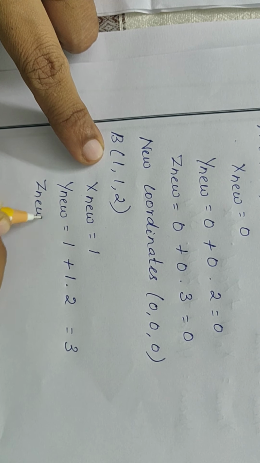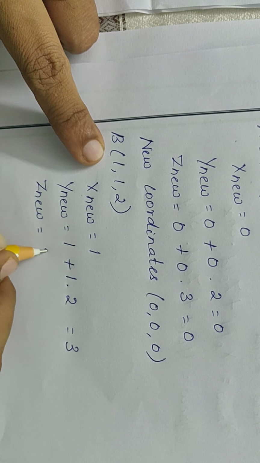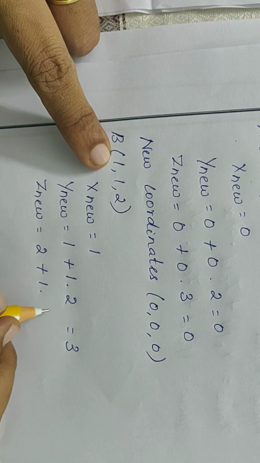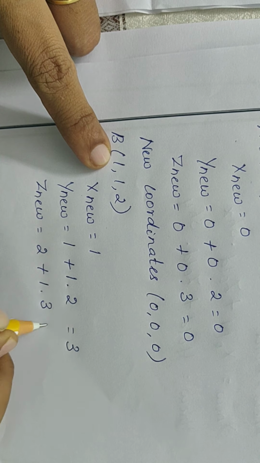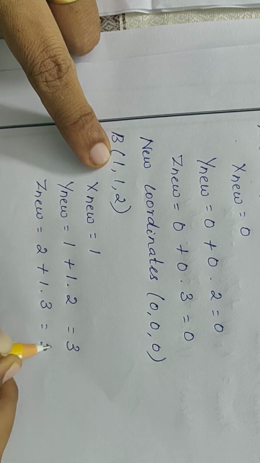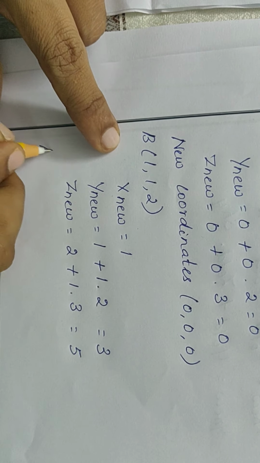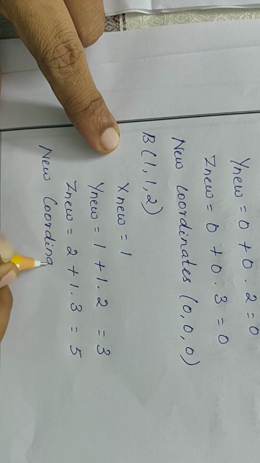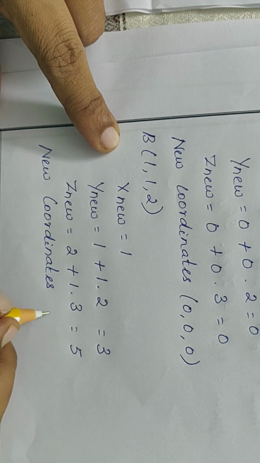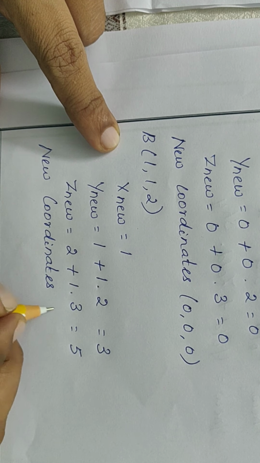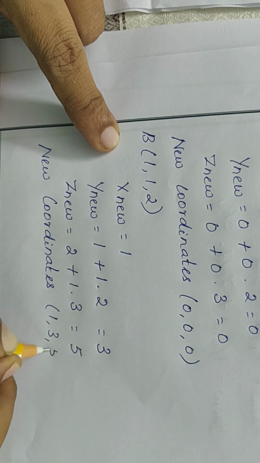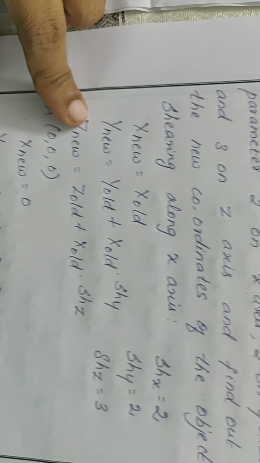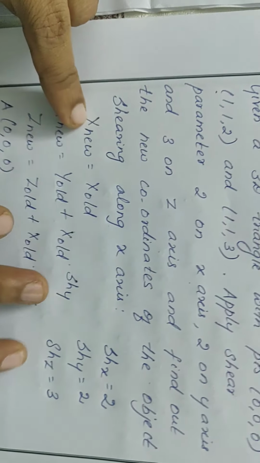Z new is equal to z old, 2, plus x old, which is 1, into shear factor along the z axis, which is 3. 3 plus 2 is 5. So the new coordinates will be 1, 3, 5.